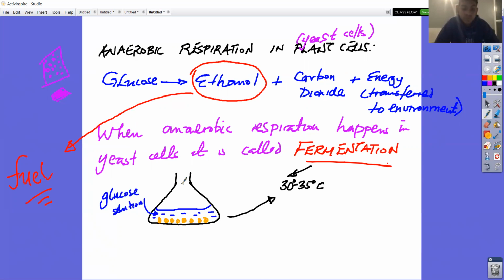So to avoid that, what do people do? They have this setup. Down here, you have water. How is this better than just putting a bung over the top?